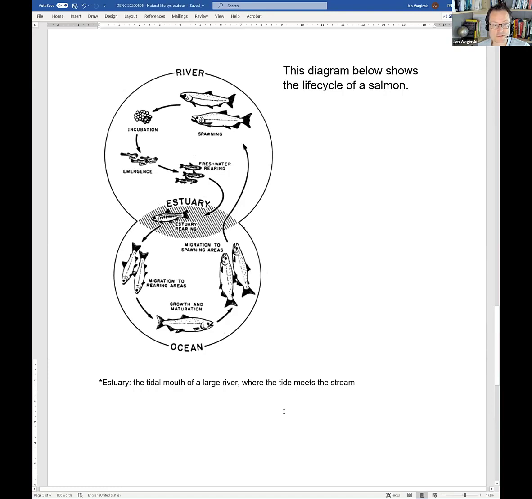All right, so let's talk about this one. The diagram below shows the life cycle of a salmon. And a pronunciation note, the L is silent. A lot of people like smoked salmon. All right, if you order salmon at a sushi restaurant.